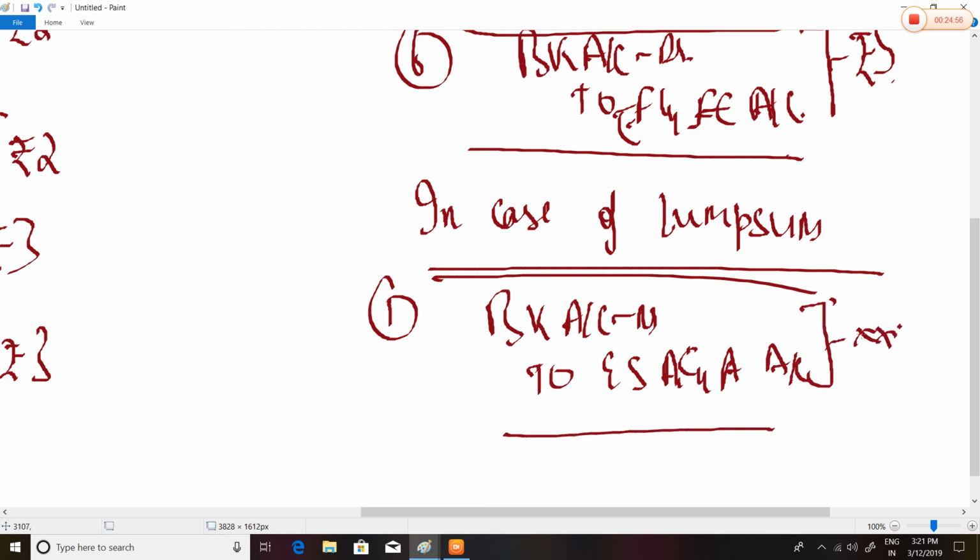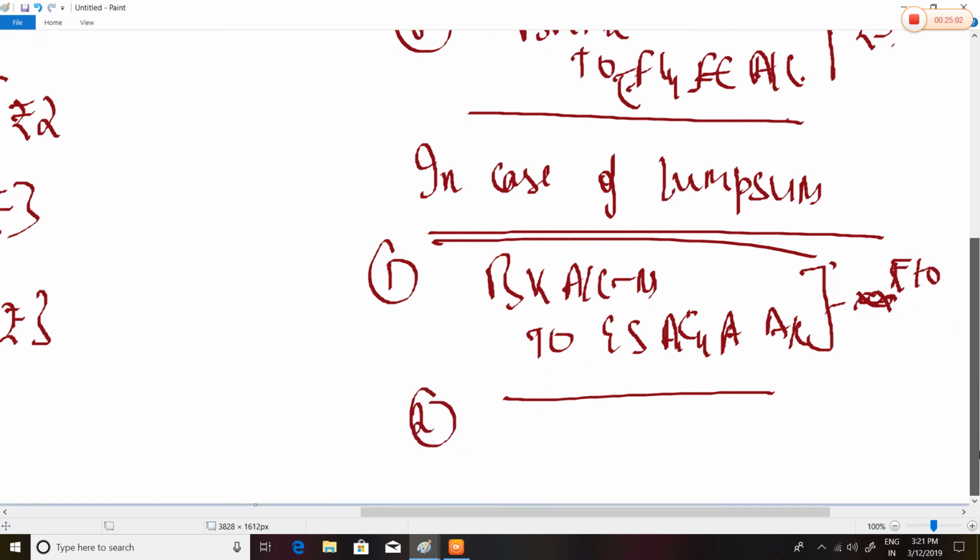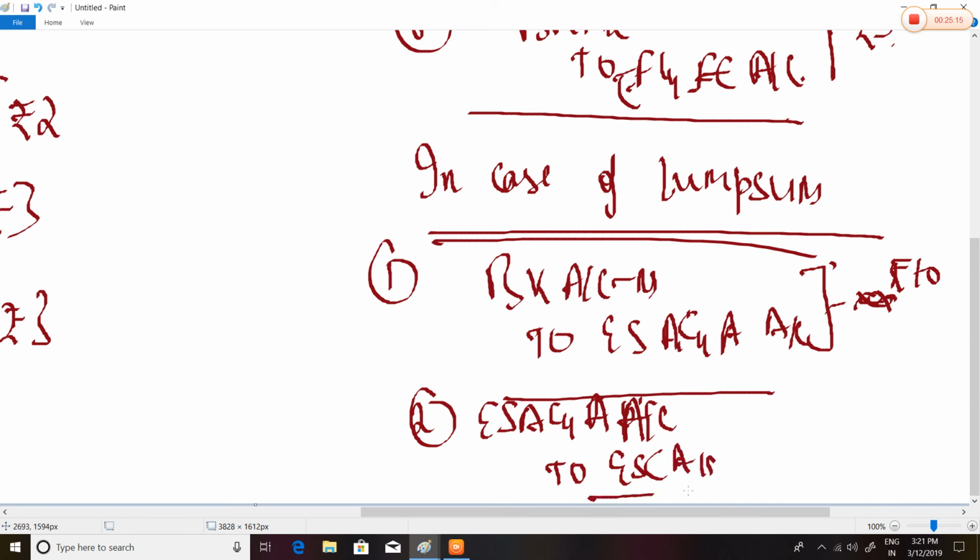Here our amount would be rupees 10. And the second would be equity share application and allotment account to equity share capital account, rupees 10. And write the narration accordingly.